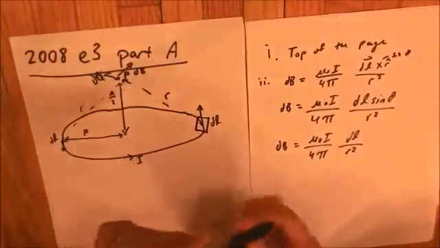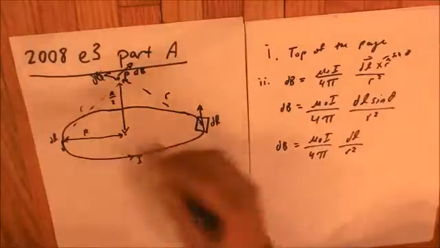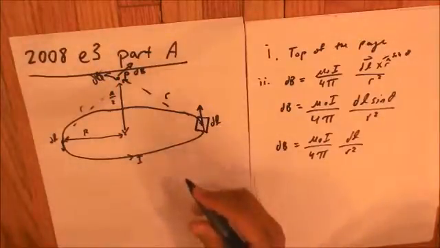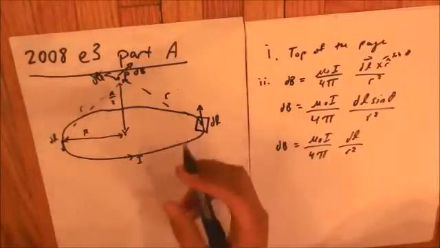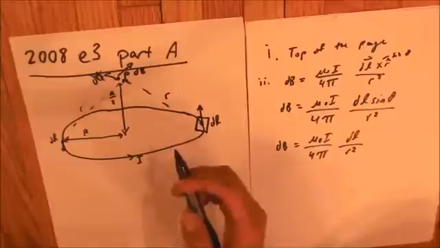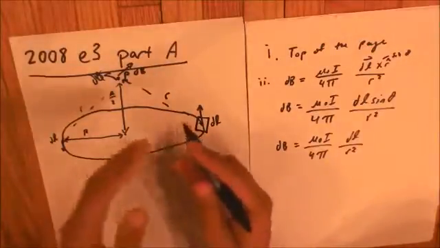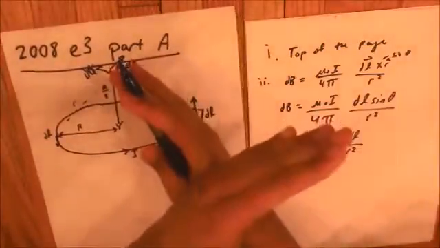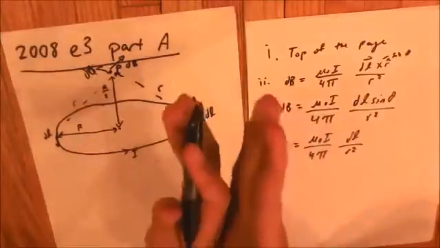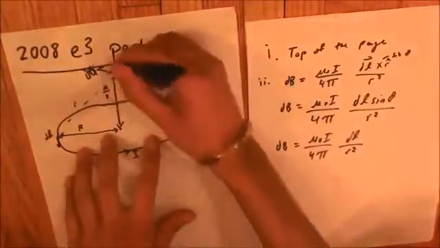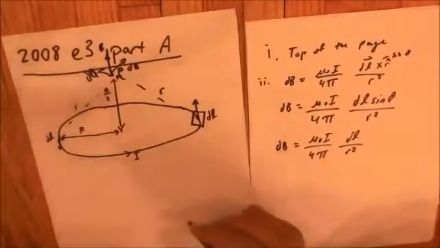That just means that there's symmetry on both sides. Because it's a loop, the dBs are symmetrical, which means the horizontal components of the B values cancel out. Because of the cross direction this way, the horizontal components will cancel out, but a vertical component will remain. This is what we're going to call B1, that value there.